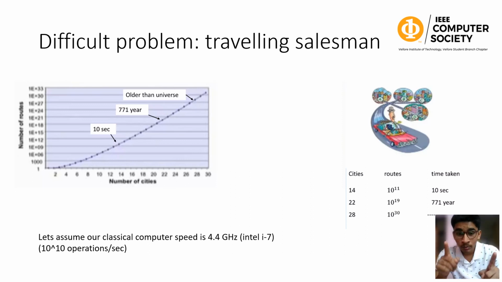We are assuming the classical computer speed at 4.4 gigahertz, that is the Intel i7, one of the current Intel processors, which performs 10 power 10 operations per second. And if we had 28 cities to travel, we cannot even find the time taken to compute the shortest possible route, because it may be much more complex. It can be even older than the universe, right?